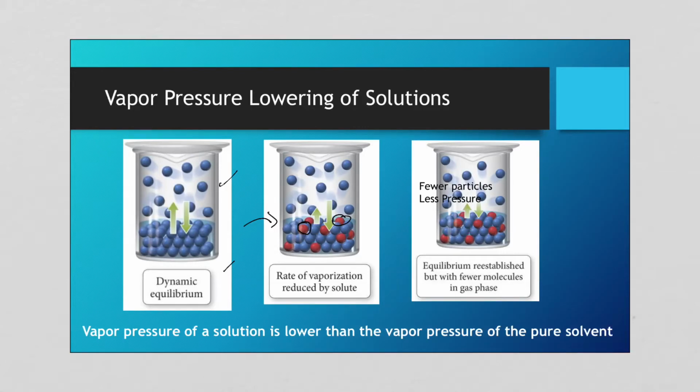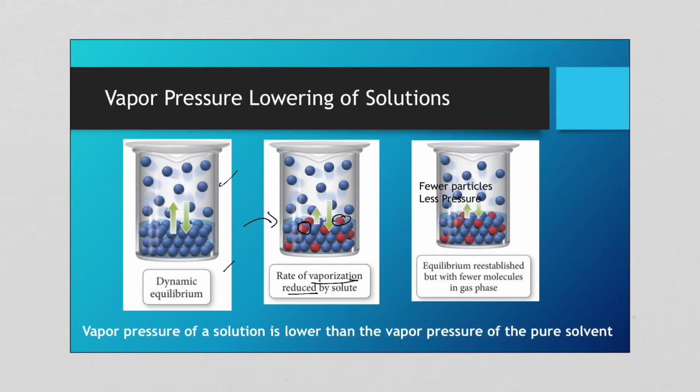Let's say we've dissolved some solid, but it's going to occupy some of these positions because we're going to have those solute-solvent interactions. So we have fewer solvent molecules at the surface, which leads to lower vaporization. We slow down the rate of vaporization, but notice the condensation doesn't change.